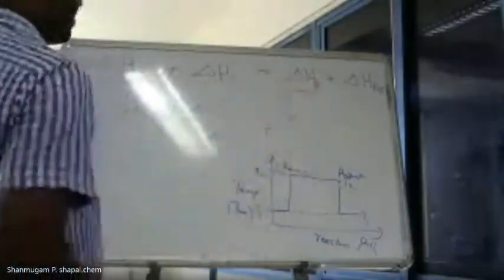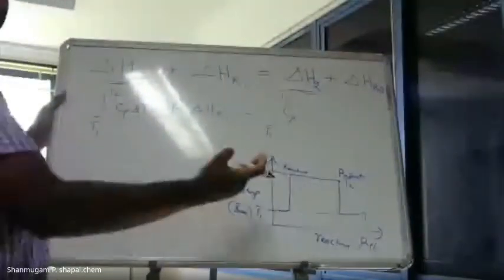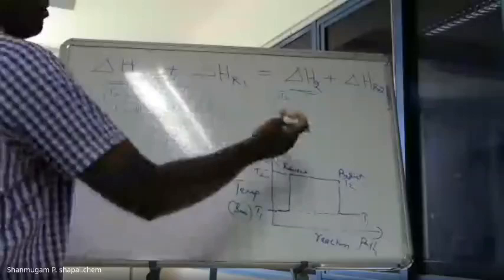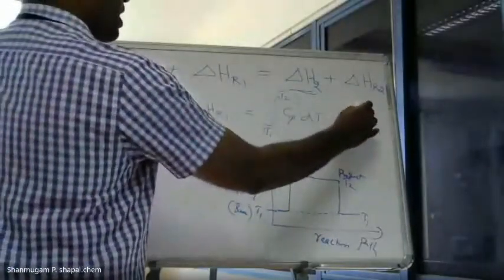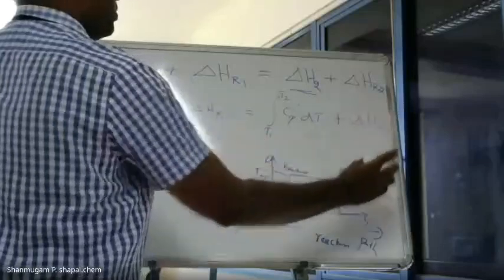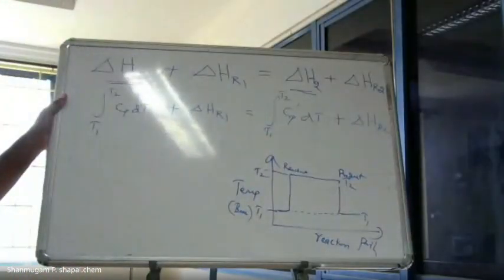I will put a dash here because I want to show the difference for the inlet and for the outlet. So this is how.